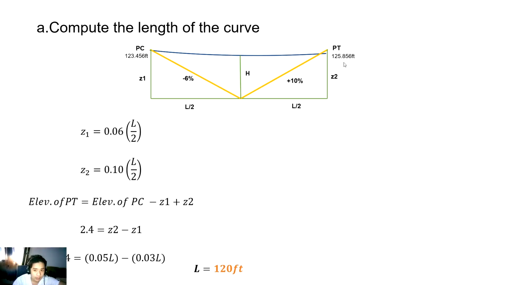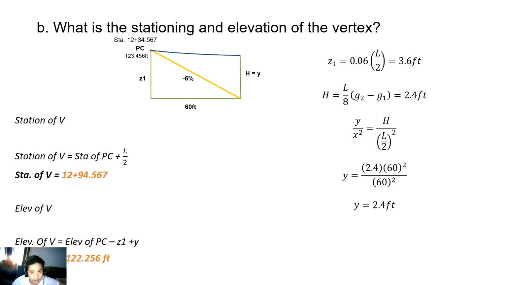Then, 125.856 feet minus 123.456 feet, magiging 2.4. So, having that, makukuha na natin yung L na 120 feet. So, basically, same lang din siya dun sa metric. Ang pinagkaiba lang nila is yung unit. Okay? So, para naman sa B, what is the stationing and elevation of the vertex?